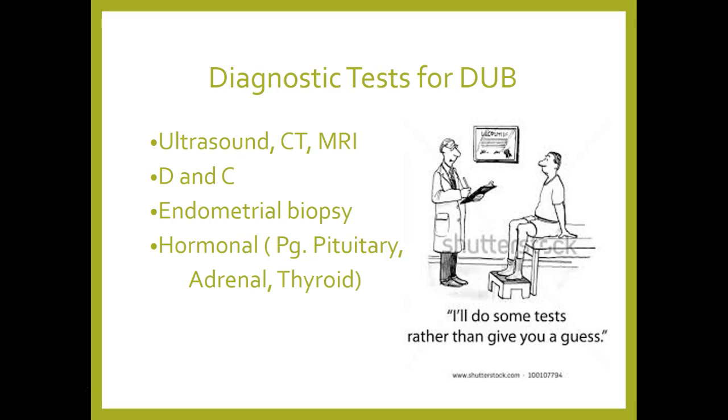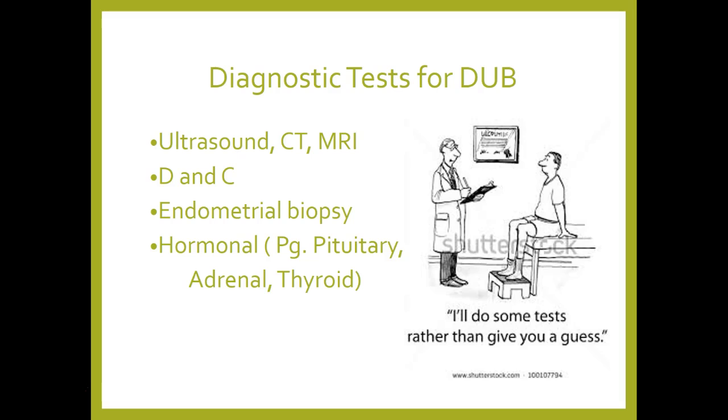This is a correction for dysfunctional uterine bleeding, not necessarily a diagnostic test. You can collect tissue samples after this surgical procedure is done and then diagnostically test those tissues. But a D&C is an actual surgical procedure, okay?